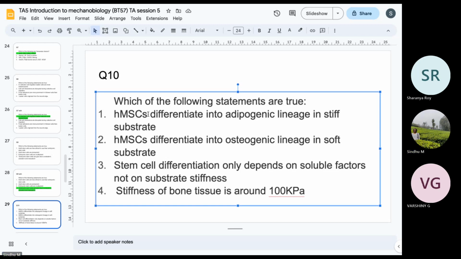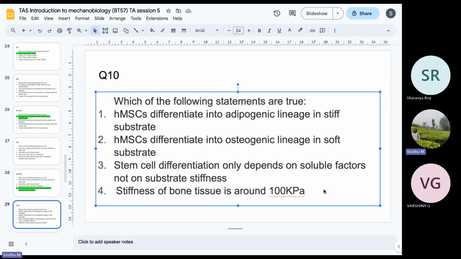So they are able to sense the environment and understand that we are in a stiff environment, so we should become a bone cell. And similarly, if you plate them in a softer environment, like 4 kilopascal or 1 kilopascal polyacrylamide gel, then they will become more like fat cells or adipogenic cells.